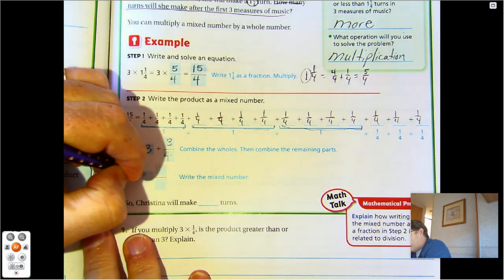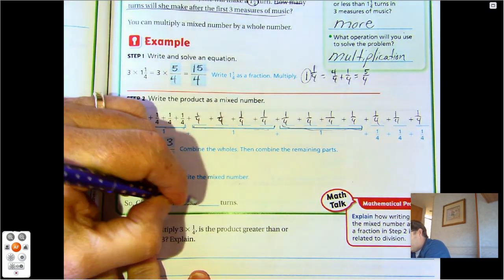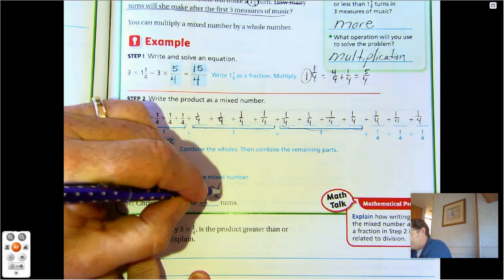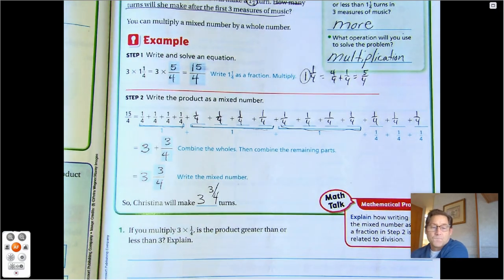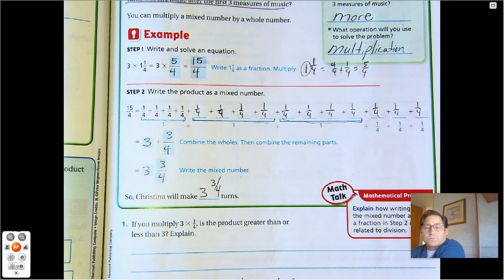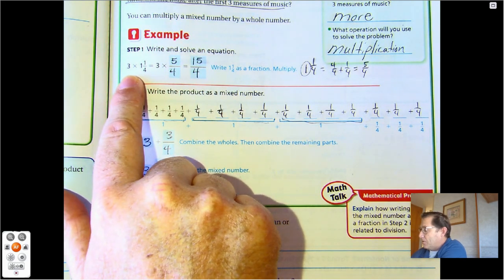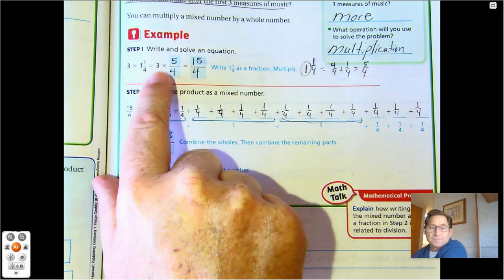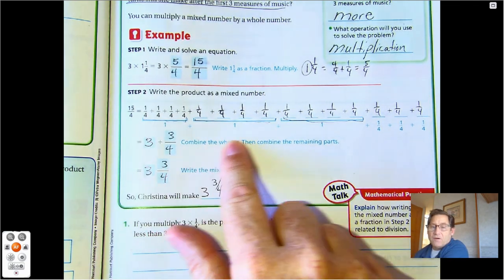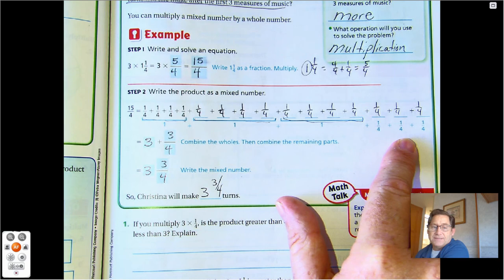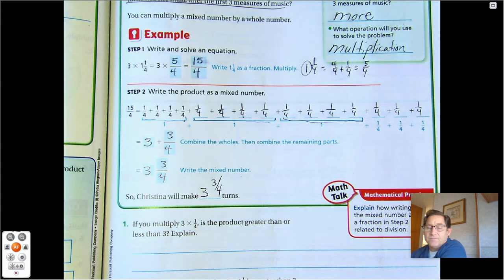So 3 3/4 turns. All right, so that's one way we could do it. We could multiply the whole number by a mixed number, write out all the add-ins, and group them in by whole numbers.